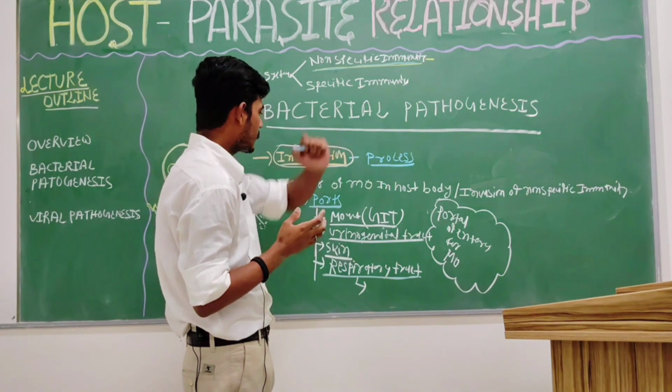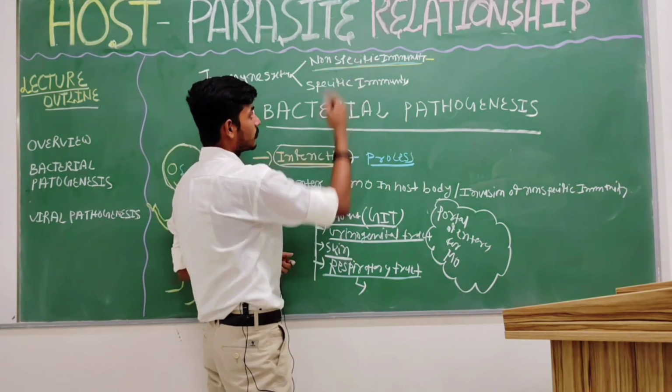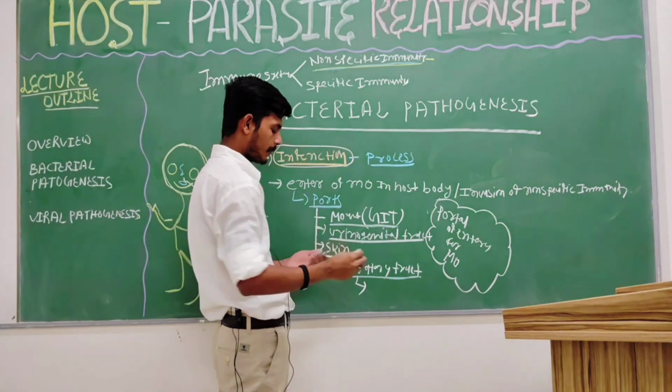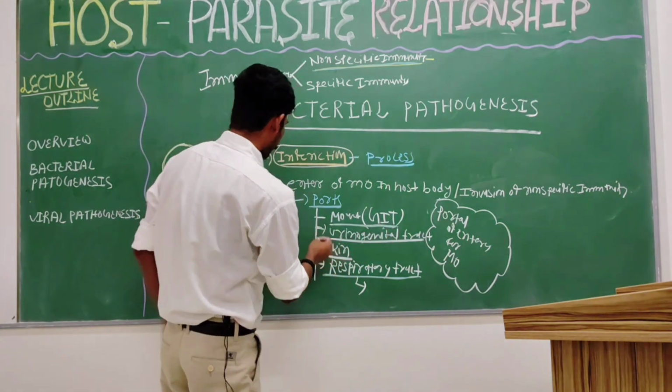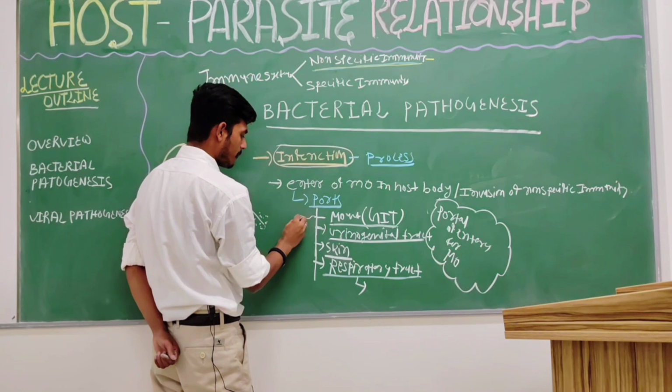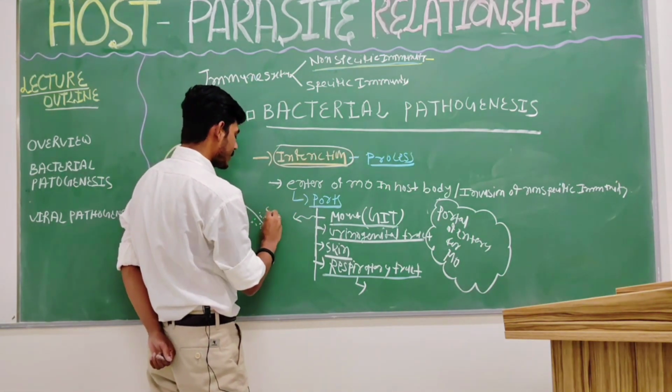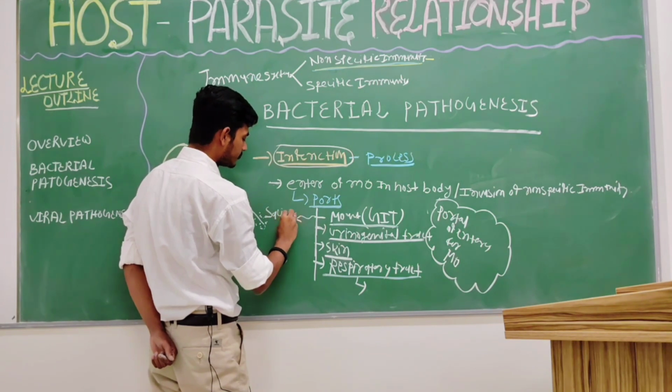Now, we have seen in the case of non-specific immunity that the mouth has many defenses. For example, the first thing present in our mouth providing non-specific immunity is saliva.